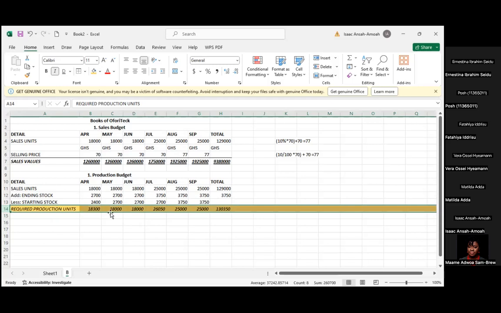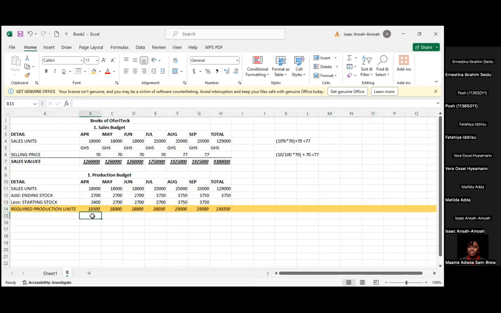It's relevant because you're going to multiply all the cost elements with this. So we have to introduce the currency sign, Ghana cedis, all throughout.